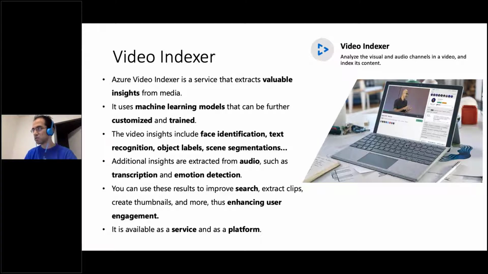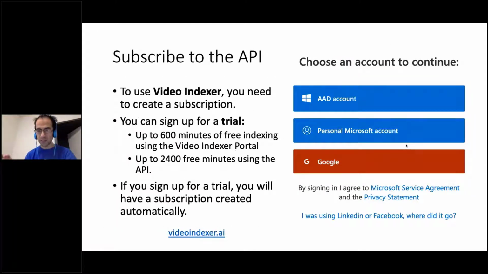And I will explain both today. So as a service means that, yes, you need to subscribe to the API, but actually you don't need an Azure account. You can use a Google account linked to Hotmail or to Microsoft. You can use, of course, an Azure Active Directory, but yeah, you can start with your Hotmail or Outlook account.